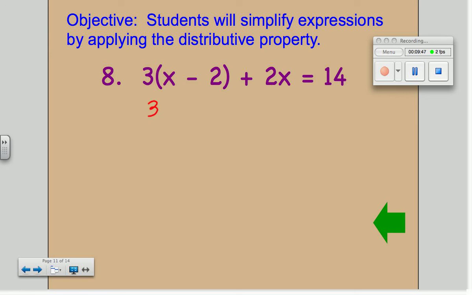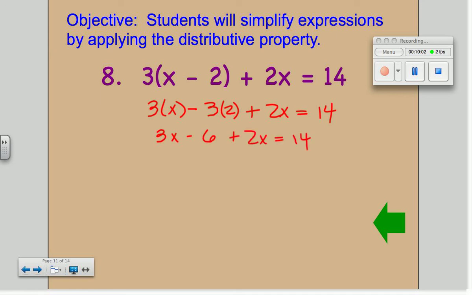3 times x minus 3 times 2 plus 2x equals 14. 3x minus 6 plus 2x equals 14. 3x, and we're combining it with this like term. The addition is what we have, plus 2x. 3x plus 2x is 5x.